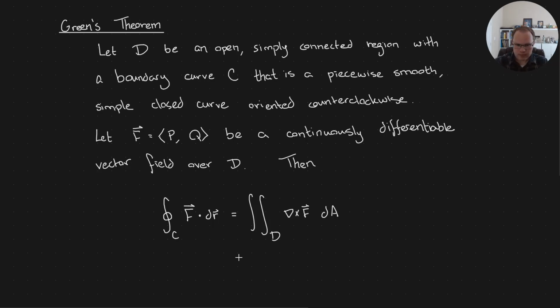Okay? And then over here, I have the curl of F. Now, F is a two-dimensional vector field, so when we take the curl of a two-dimensional vector field, we are taking the scalar curl.